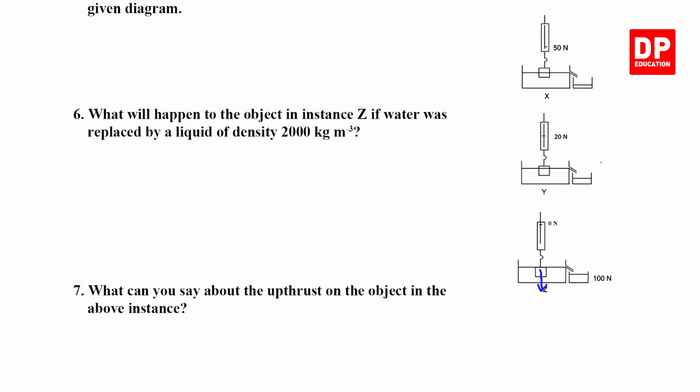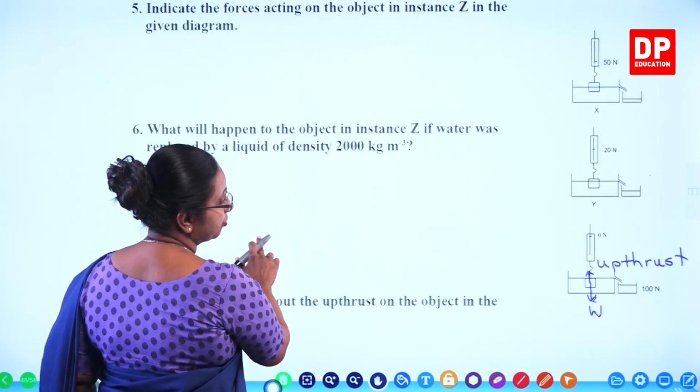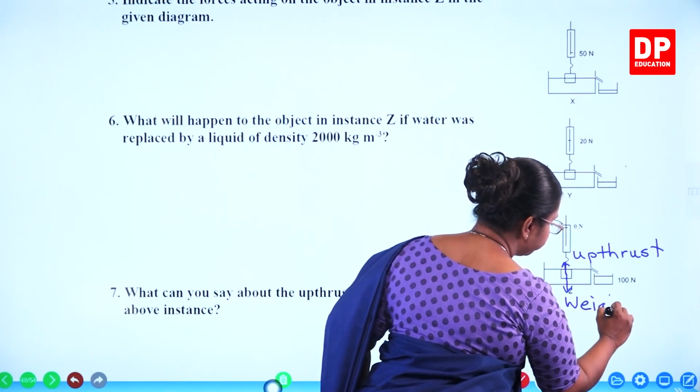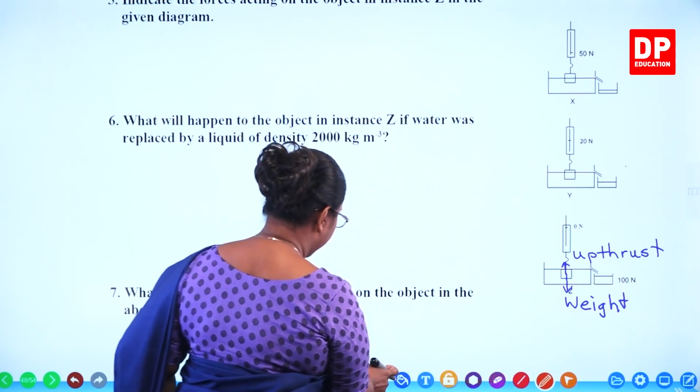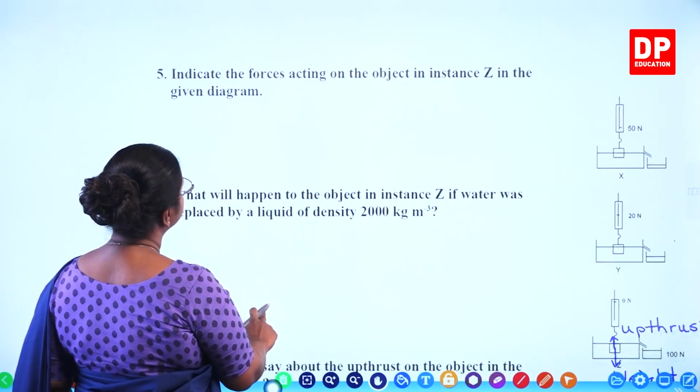Weight is downwards and upthrust is upwards. Or if we draw that and show. So here you can see, students, weight is down, upthrust is up.